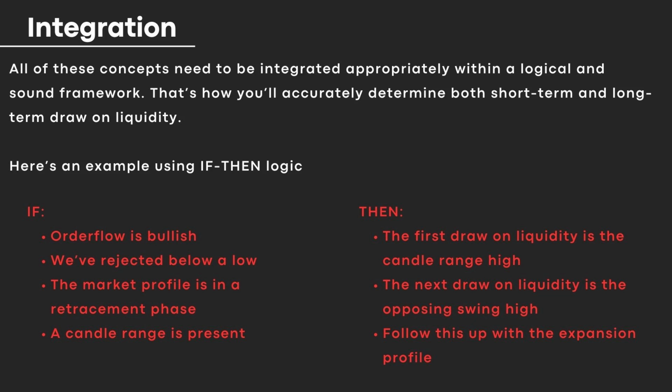If the order flow is bullish, and we've rejected below a low, and the market is in a retracement profile and it has almost ended, and a candle range is present there, then based on all of these if metrics and hypotheses, the only deduction for price is to first target the candle range high as short-term drawn liquidity, and then eventually the opposing range high or swing high as long-term drawn liquidity, which means we'll have an expansion profile to the upside.